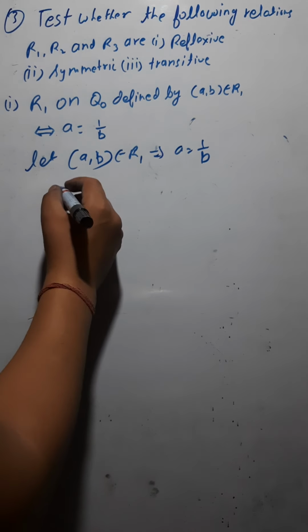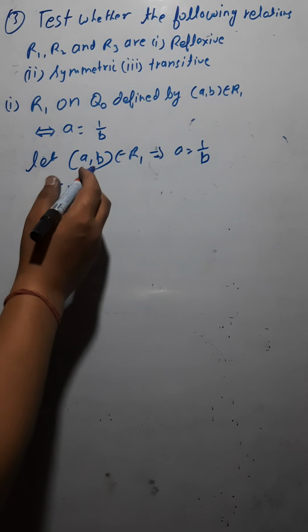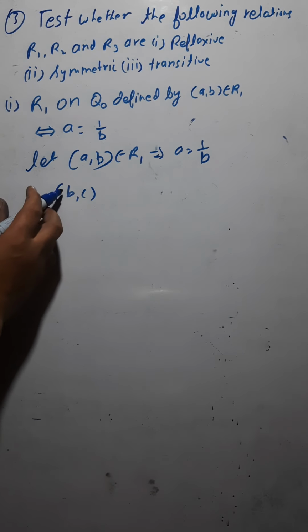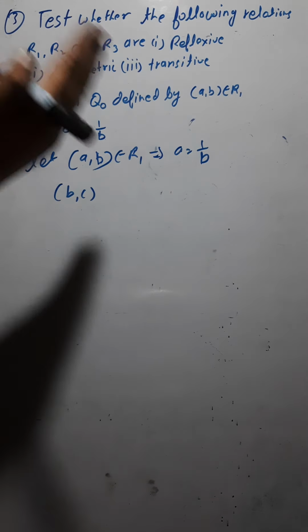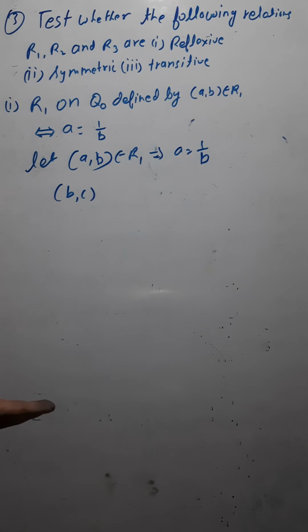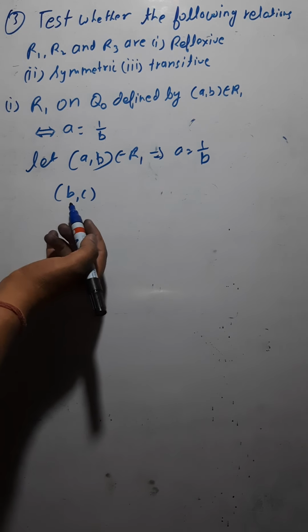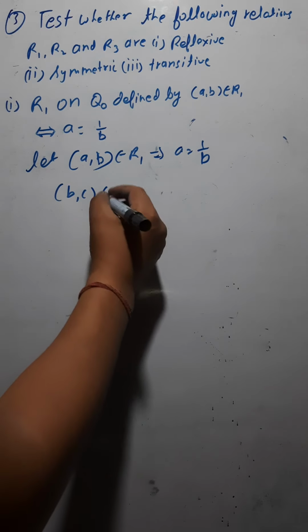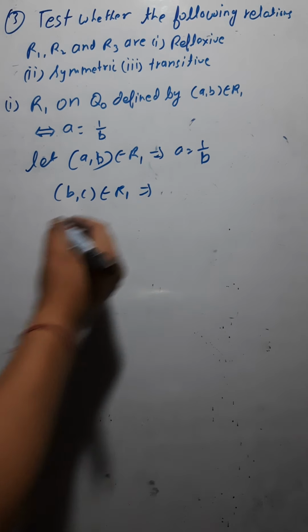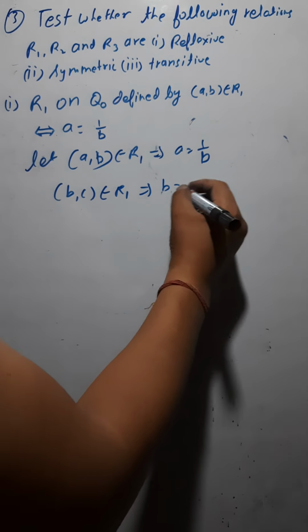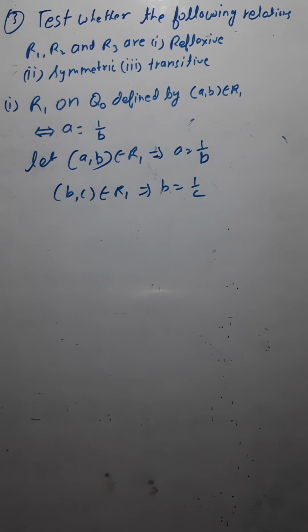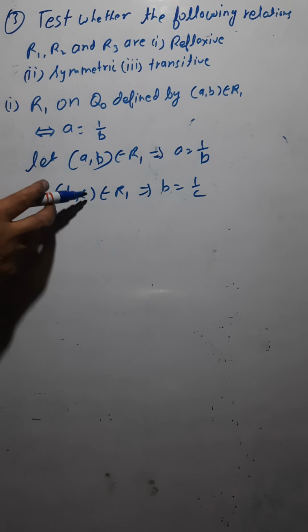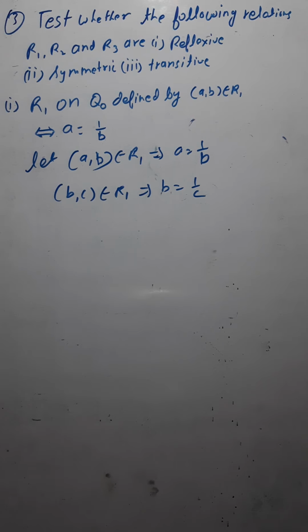And let me take another ordered pair, B, C, where the second element of the first pair is the first element here. Let B, C also belong to the relation. It implies B is equal to 1 by C. Now whether this A, C is also there in the relation, that we have to check.